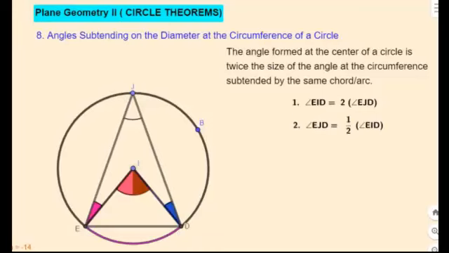And the vice versa is the second point, which says that the angle at the center, when we take half of it, or when we divide it by 2, we get the angle at the circumference, and that is the second point.